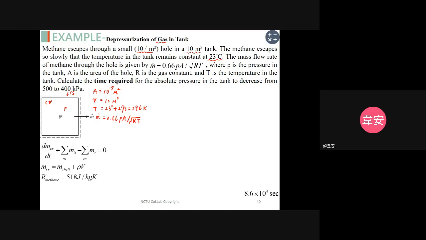So the question is, please calculate the time required for the absolute pressure in the tank to decrease from 500 to 400 kPa. So P0, the initial pressure, is 500 kPa, and P, the final pressure, is 400 kPa.